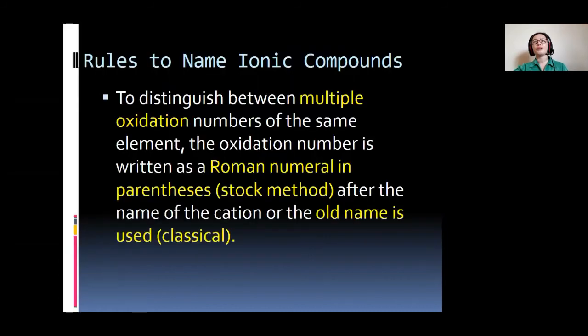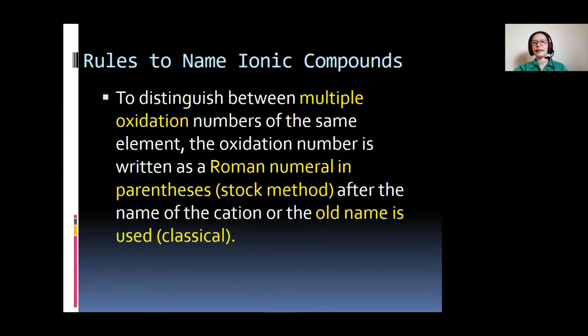What about cations with multiple oxidation numbers? There are metallic elements where the oxidation number is not just 1, but more than 1. We have 2, we have 3, we have 4. How are we going to name these compounds where the metal has multiple oxidation numbers, followed by the non-metal?